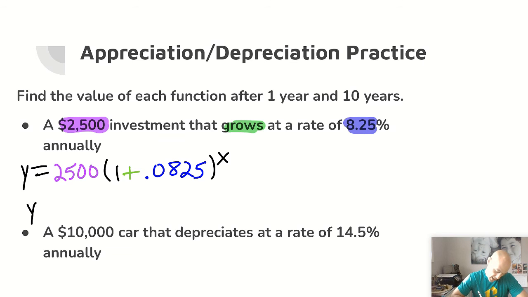So it's going to be y is equal to 2,500, and I can change this to 1.0825 if I want to, and that's just fine.